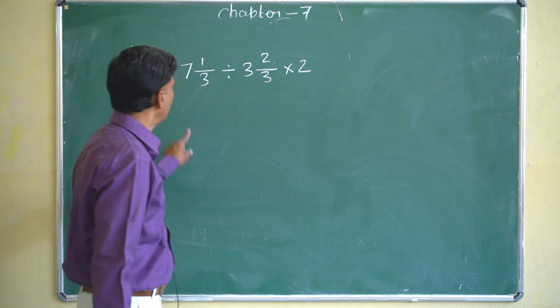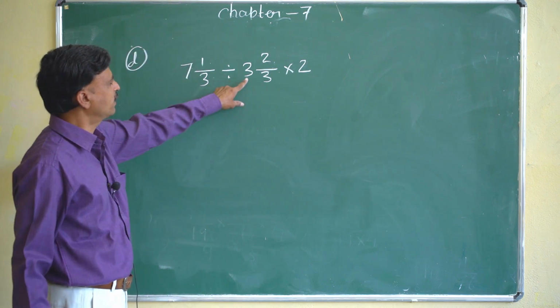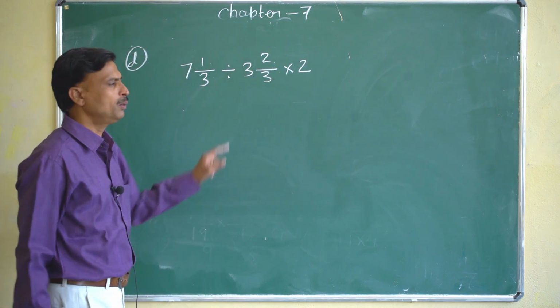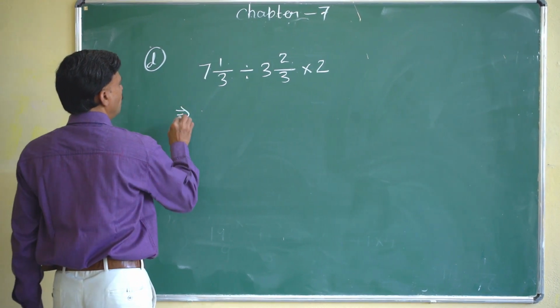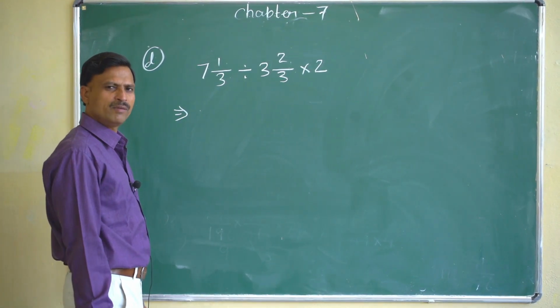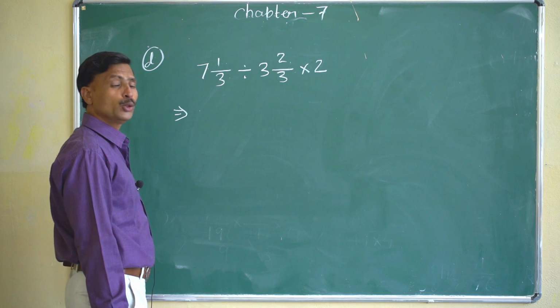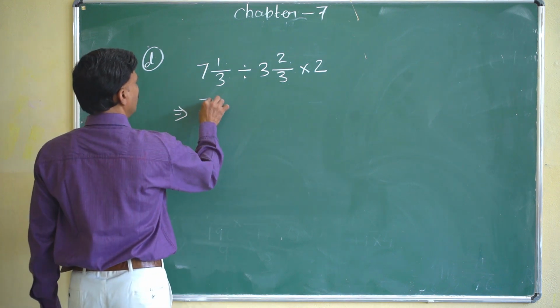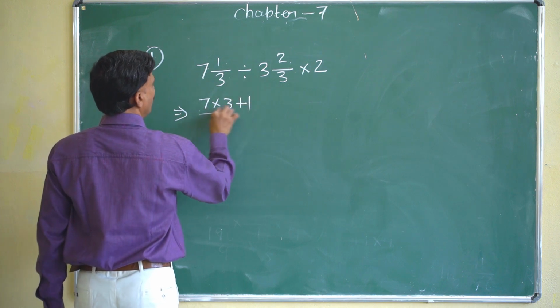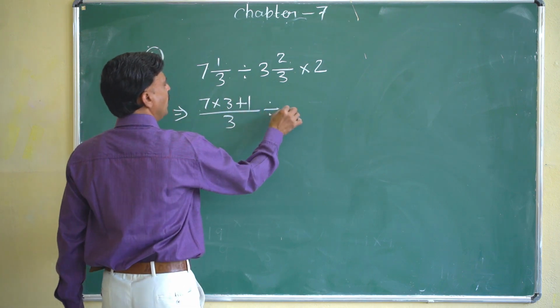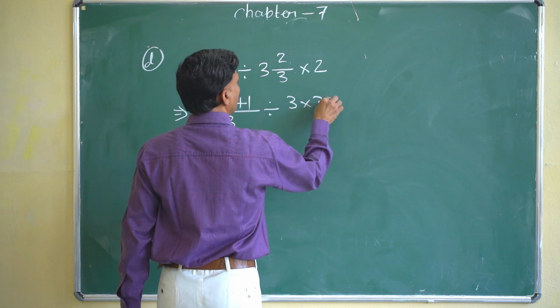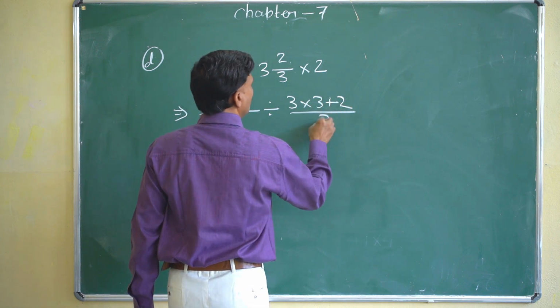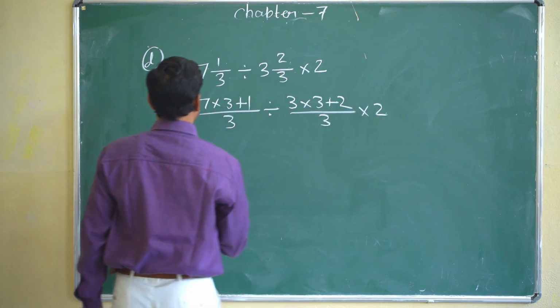So first, as you know, what we have to do, we'll convert these numbers into improper fractions, right? So 7 into 3 plus 1 upon 3 divided by 3 into 3 plus 2 upon 3 multiplied by 2.